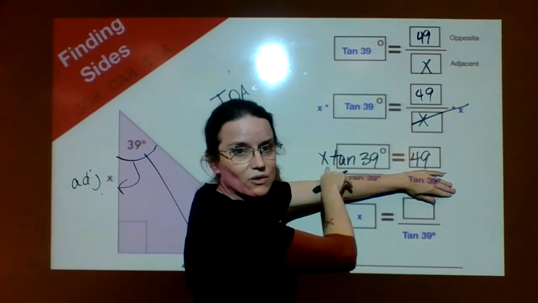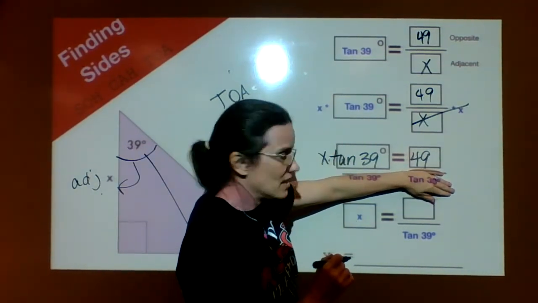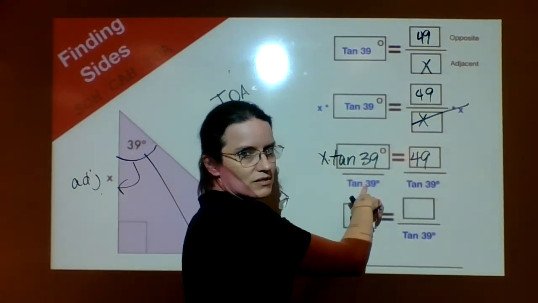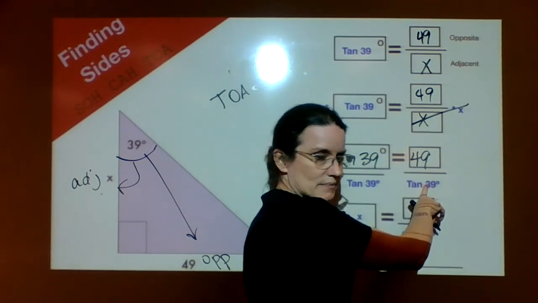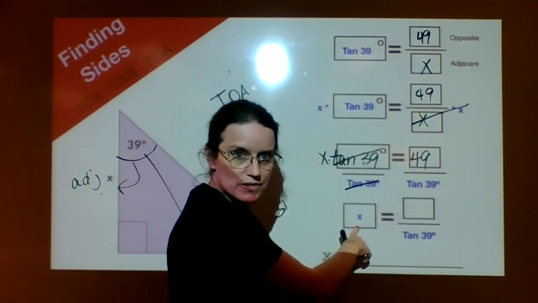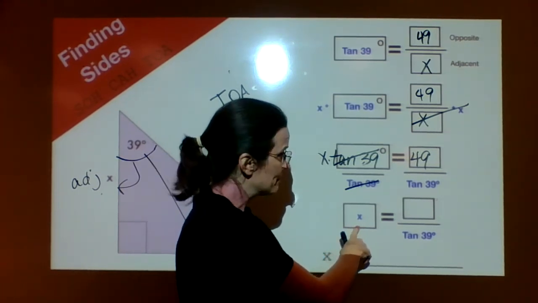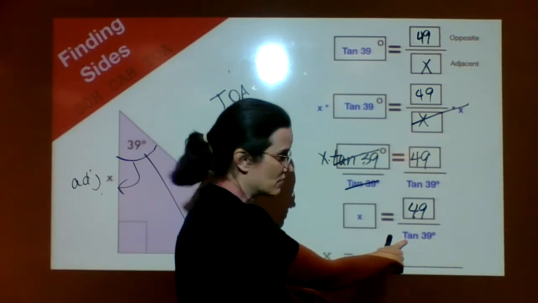I just want plain old x. So I'm going to divide by the tangent of 39. If you divide on the left, you divide on the right. That's going to cancel these two out, and you'll be left with just x all by itself. And over here, you're left with 49 divided by the tangent of 39.